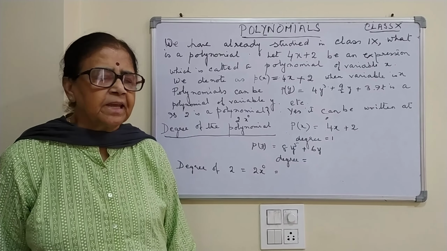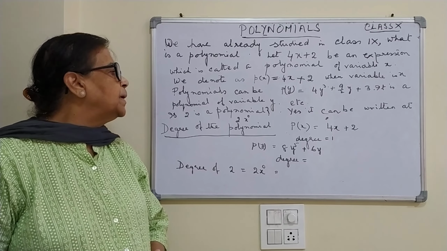Let 4x plus 2 be an expression which is called a polynomial of variable x and denoted by p of x. Then p of x is equal to 4x plus 2 when x is the variable.